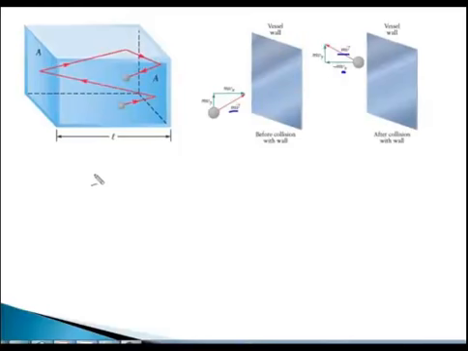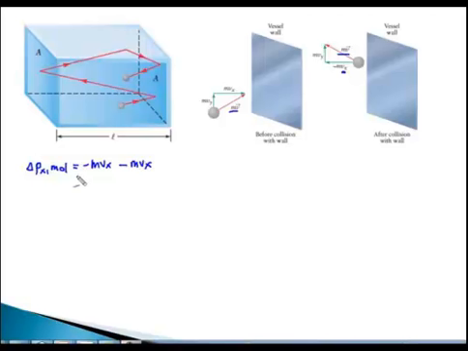However, the y component of the velocity is unchanged. Therefore, if we write the change in momentum of the molecule in that direction, we have the final momentum, which is negative mvx, minus the initial, which is mvx.